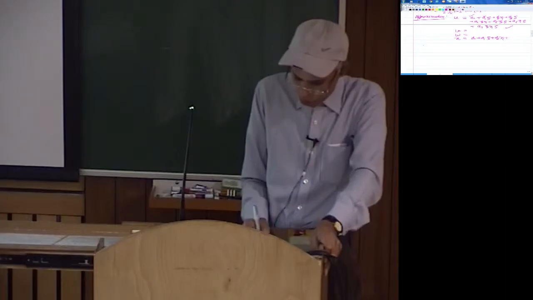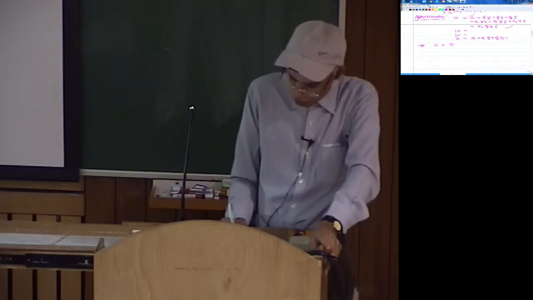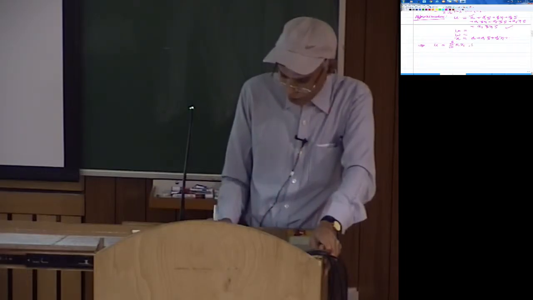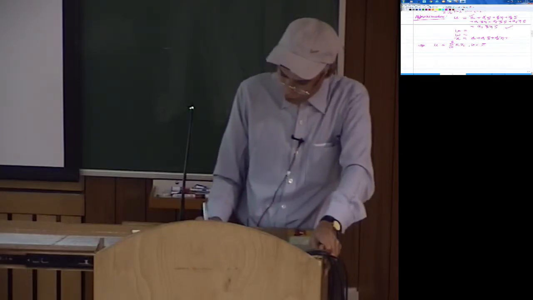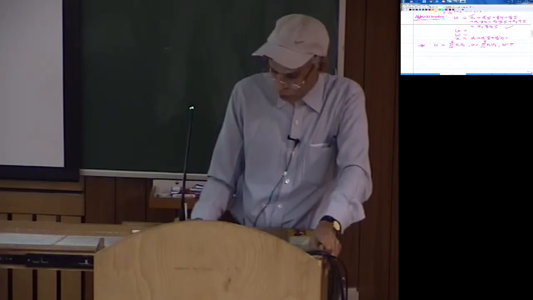If you follow all of that, finally you can write your u as a summation over all the 8 nodes, i going from 1 to 8, Ni ui. Similarly you can write v and w as well: i going from 1 to 8, Ni vi, and w is equal to the sum of Ni wi, i going from 1 to 8.